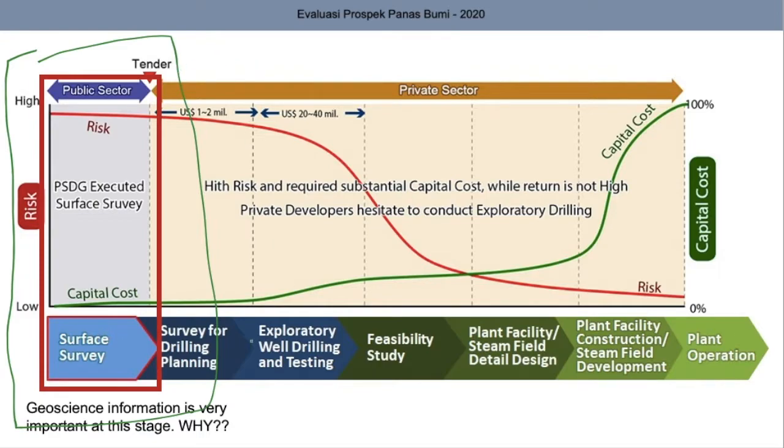However, it will also be repeated in the feasibility studies when we have done the drilling, because usually after drilling, we retrieve more data to support the initial findings of the geoscience aspects.